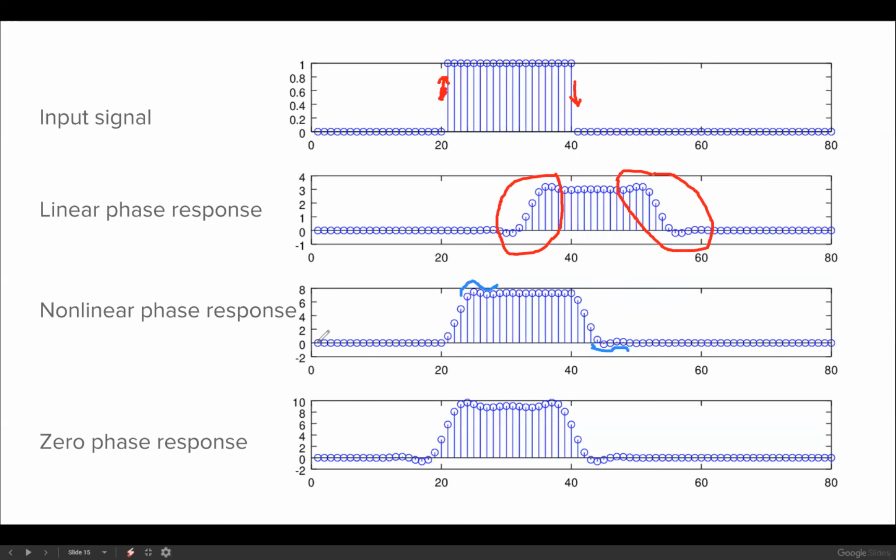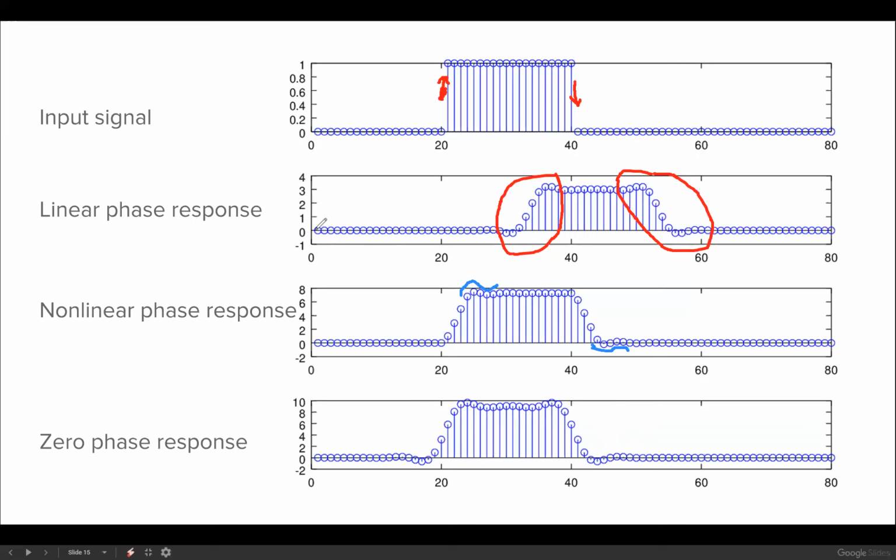I filter the same data with the same system. After that, if there was a delay here, you will move it back in time, and then you have a nice symmetrical shape, which means that you have again a beautiful hat here. Zero phase response system.